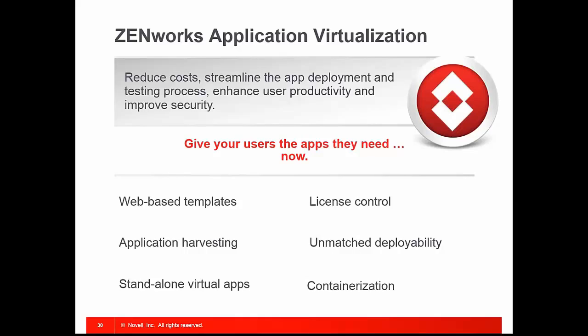Desktop virtualization often creates yet another environment that IT needs to manage, patch, and update, adding even more time and expense. Up to 90% of apps end up sitting on the shelf unused. Most have to be installed manually, and IT just can't deploy apps quickly enough or easily enough to keep up with the demand.